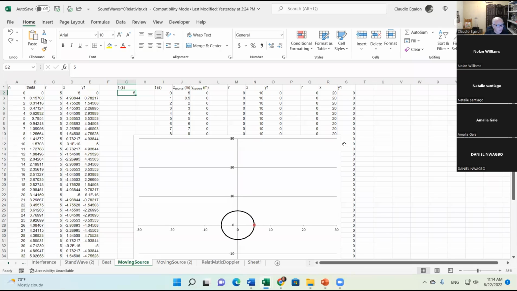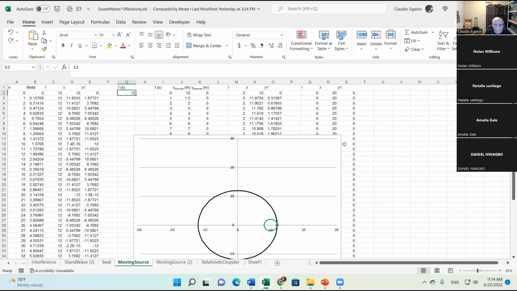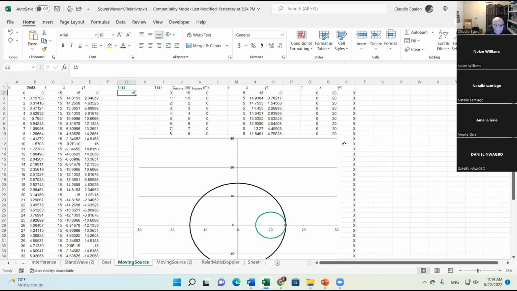The source is moving with the crest of the wave. When it comes at the point where the time is equal to the period of the wave, we have a second wave front coming out, and the front of the second wave front overlaps with the front of the first wave front.